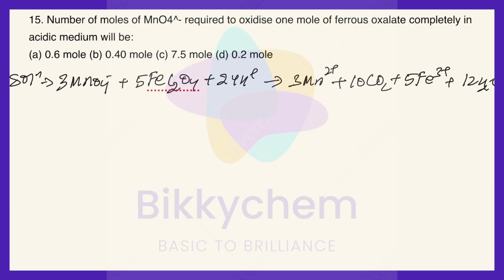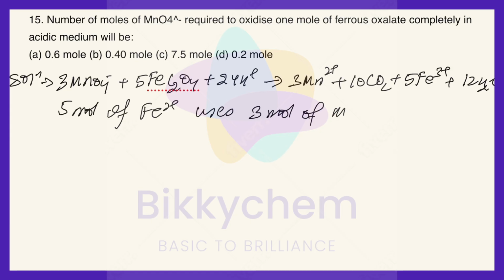Here you know that 5 mole of Fe2+ uses 3 mole of MnO4-. Why am I writing Fe2+? Because the ferrous has been oxidized to the ferric part by the permanganate ion. So 5 mole of ferrous ion uses 3 mole of MnO4-.